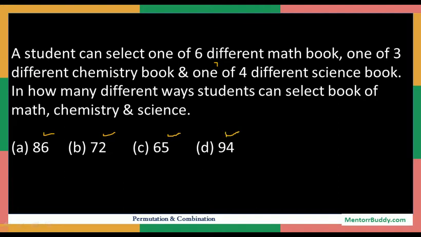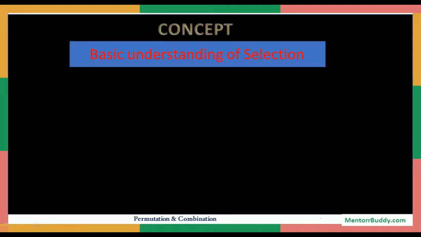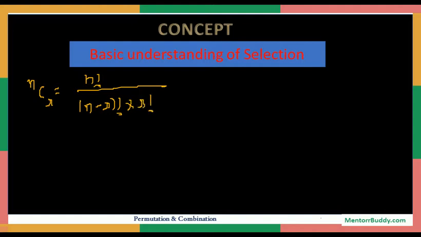Now in order to solve these kinds of questions, there should be a basic understanding of selection. That is the very basic part of PNC. Now directly coming to the concept, mathematically nCr stands for n factorial upon (n minus r) factorial into r factorial.